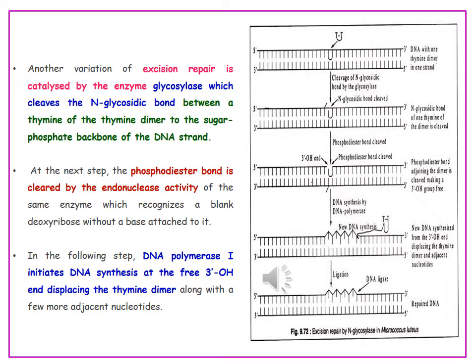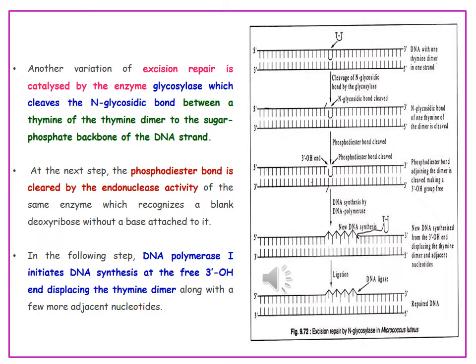Another variation of excision repair is catalyzed by the enzyme glycosylase. The glycosylase cleaves the N-glycosidic bond between a thymine of a thymine dimer and the sugar phosphate backbone of the DNA strand. At the next step, the phosphodiester bond is cleaved by the endonuclease activity of the same enzyme, which recognizes a deoxyribose without a base attached to it.